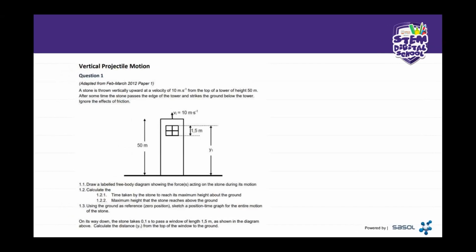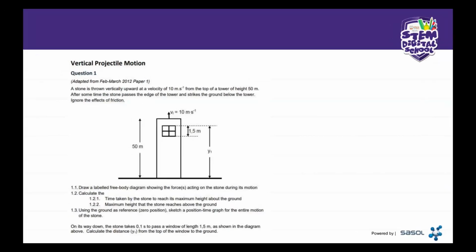Let's see what they say there. Now they want the maximum height that the stone reaches above the ground. Basically, if your stone is thrown from here, this is where the edge of the building is.